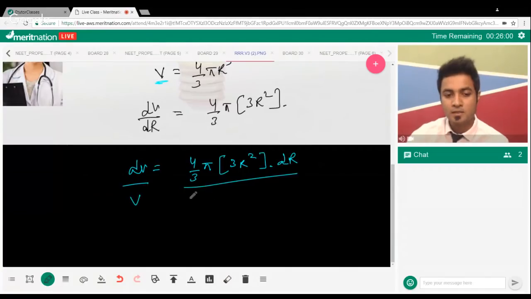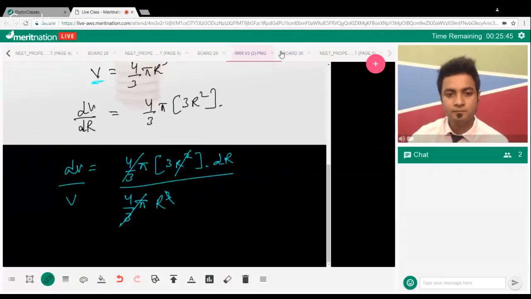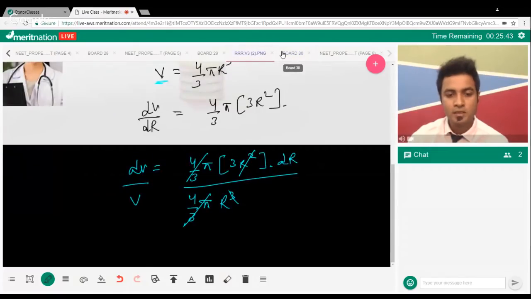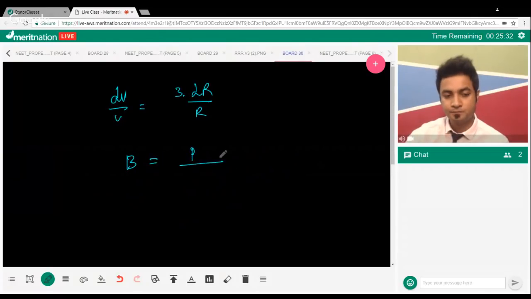V is 4 upon 3 pi r cube. This will get cancelled out, and only r will be remaining. So dV upon V is coming out to be 3 dr upon r, right?